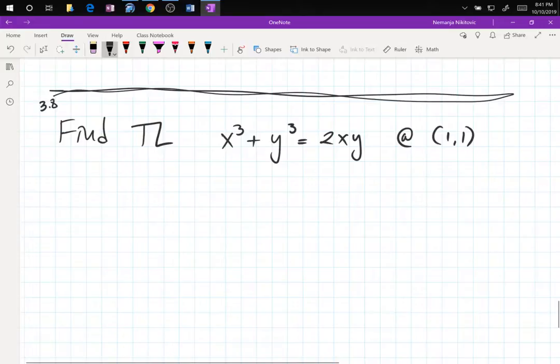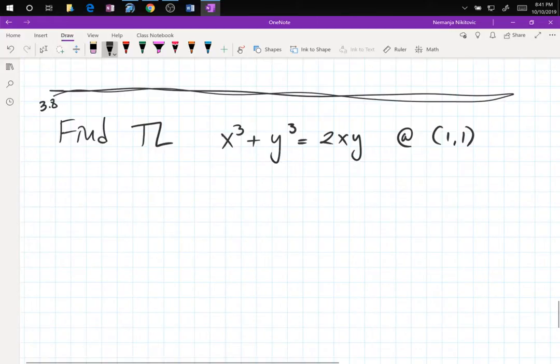So the algorithm is a necessary evil, because chapter 4 will be really nice if you can do it.